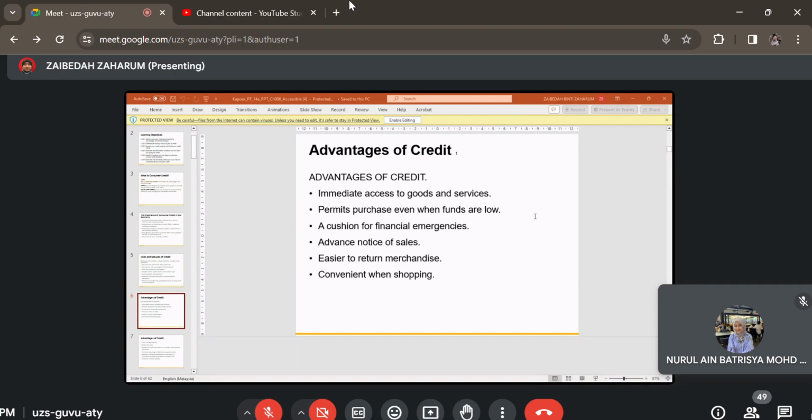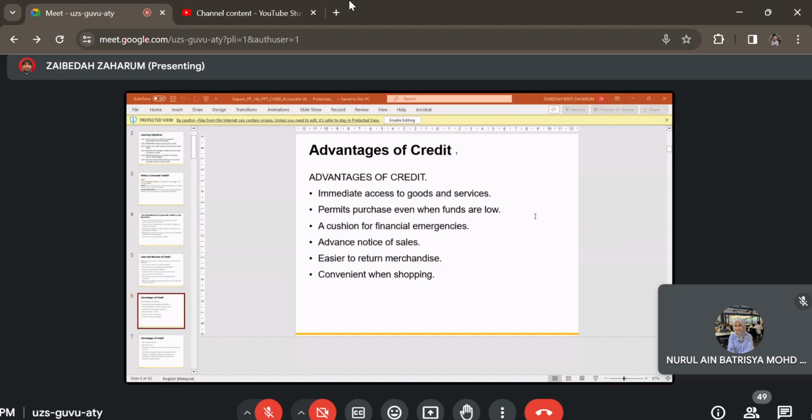Sekiranya berlaku sesuatu atas barang yang kita belilah, defect ke, rosak ke, okay, kadang salah size ke, kalau beli kasut ke, baju ke. So kadang-kadang banyak kedai-kedai ataupun retailers tadi, dia ada provide return policy, especially for credit transaction yang mana menggunakan credit card ke.